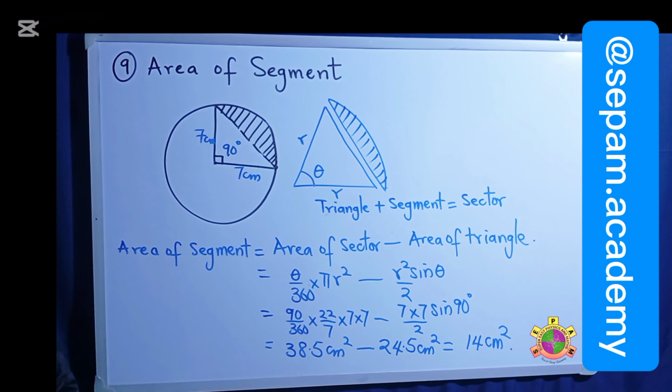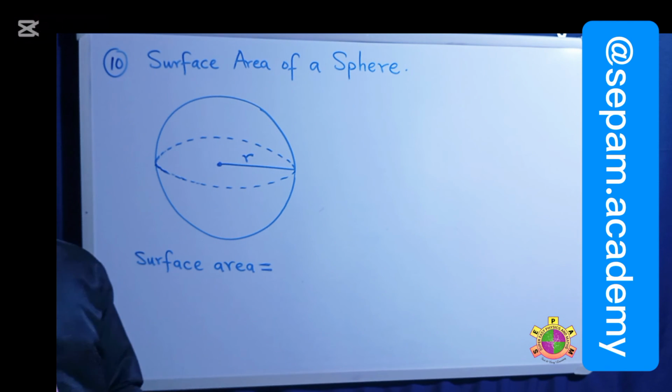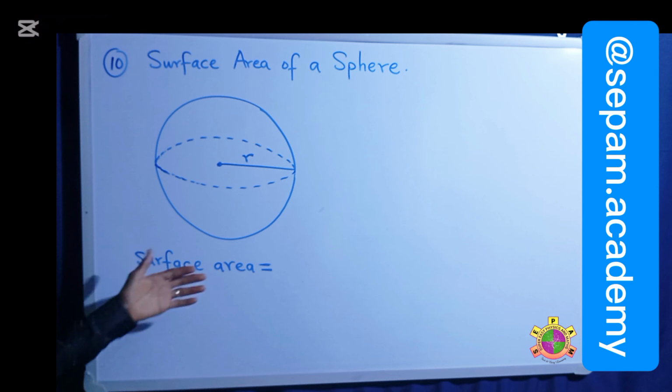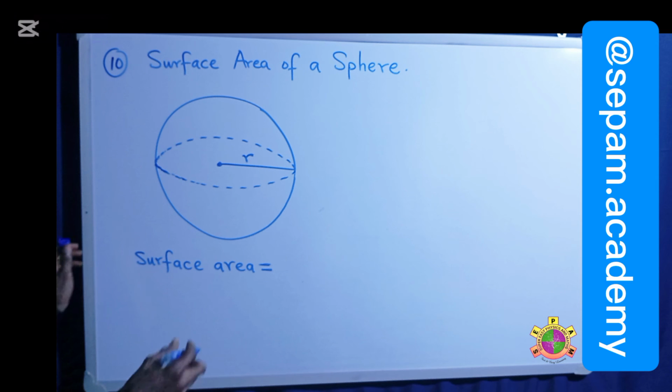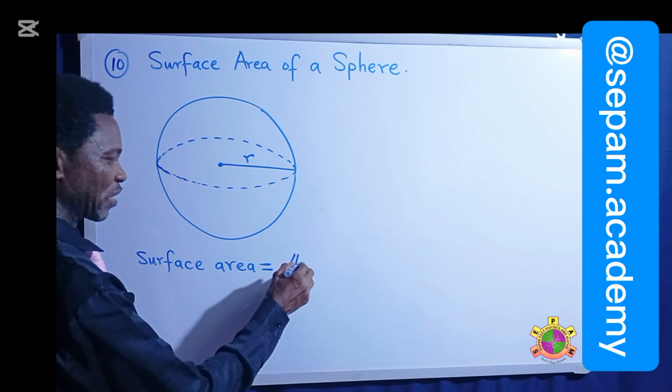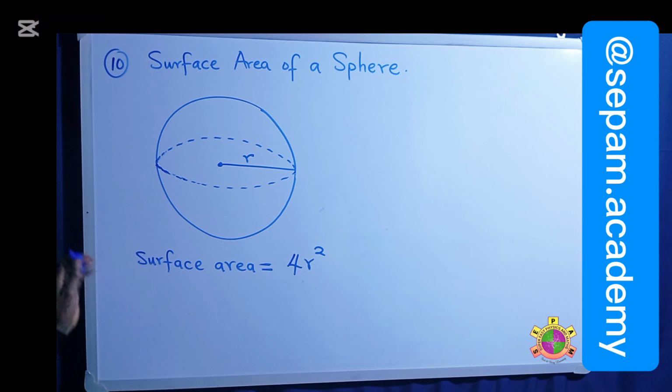So one shape remains. All right, if you have followed me to this point, you are making progress. We're going to be looking at the surface area of a sphere. If you have this, what is the surface area? It's very easy. That is 4 pi r squared. So that's the surface area of a sphere.